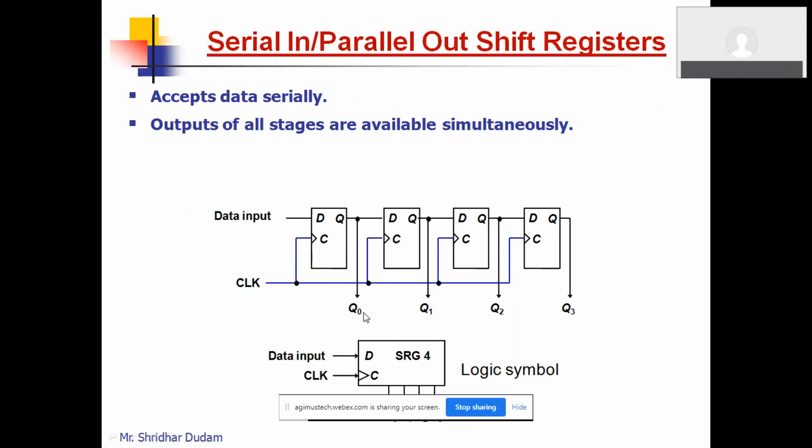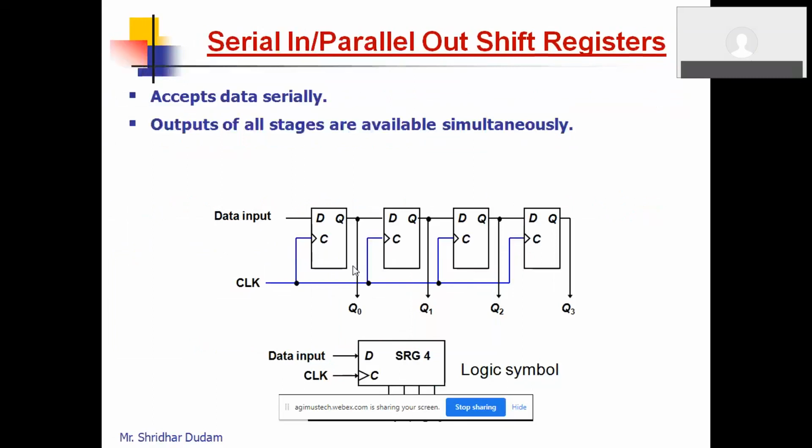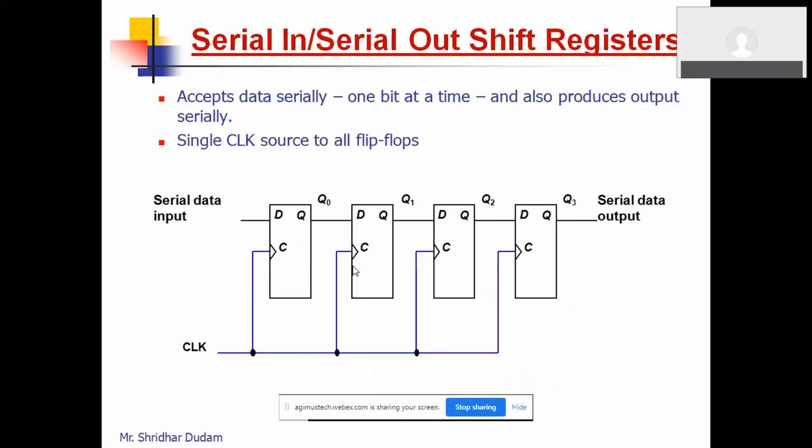So this is another configuration of serial in parallel out. Just observe how these flip flops are connected to each other. If you look at serial in, serial out and serial in parallel out, the connection is the same, but the output is taken as 4 bits here, whereas in serial in, serial out, only one output is taken.